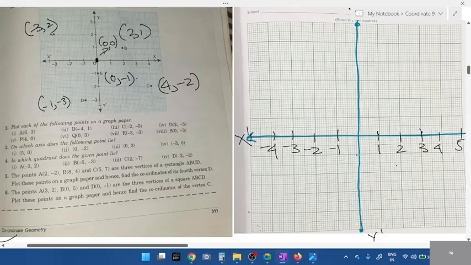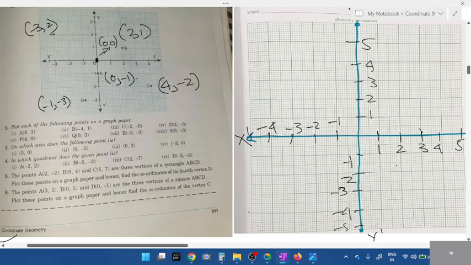Tell me the value, students. Tell me the first point. Which quadrant? 4, 5. 3 comma 2.